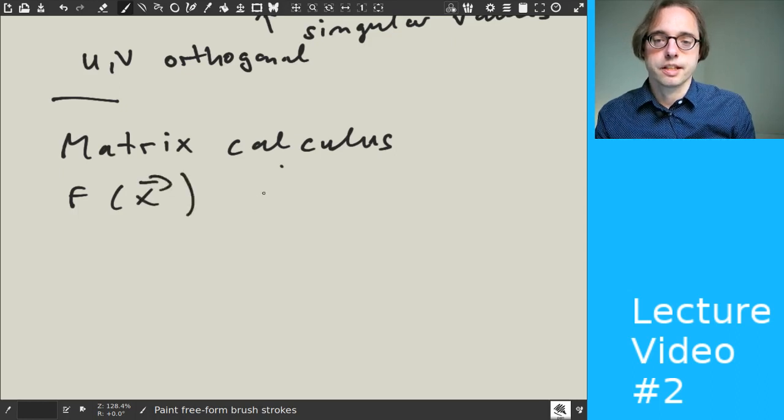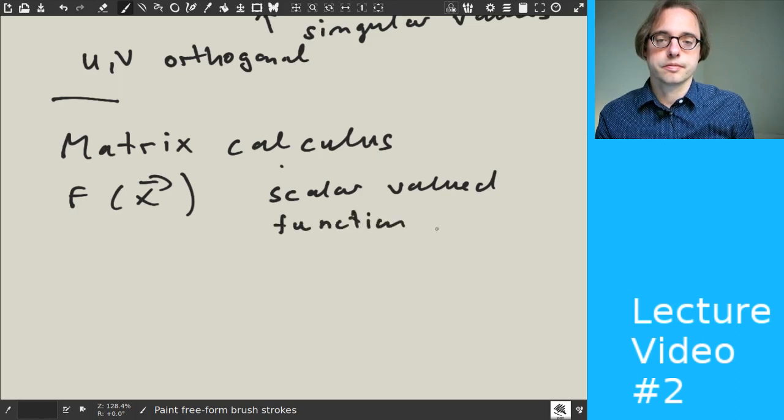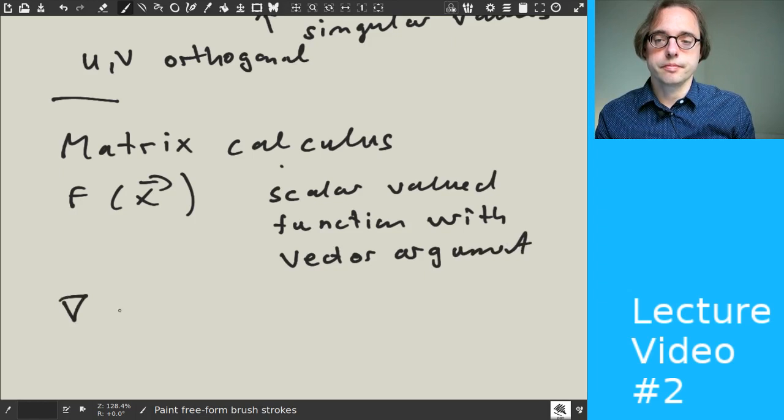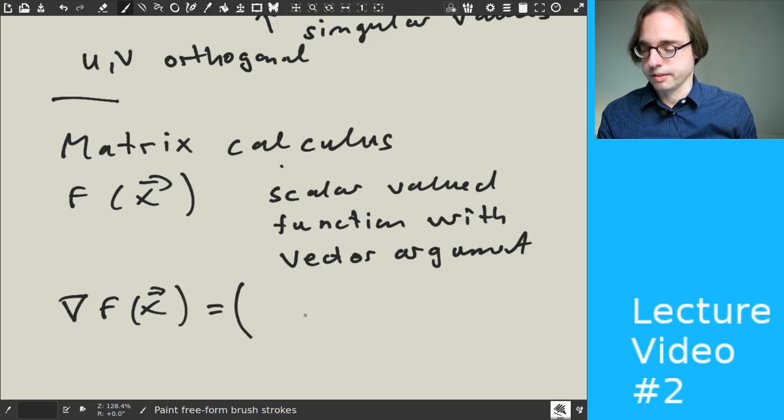So f is a scalar valued function with vector argument. Then we can write down the gradient of this, and that turns out to be a vector, but a row vector in the convention we're using.